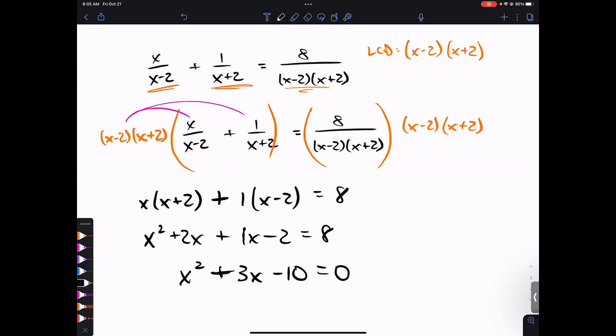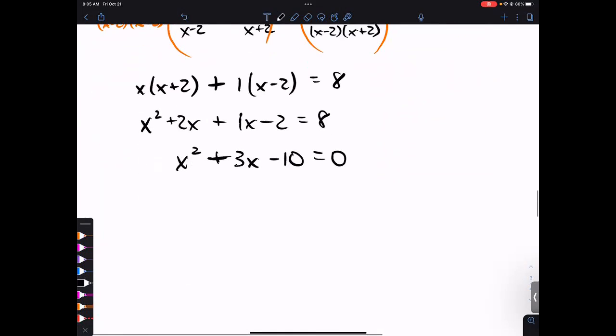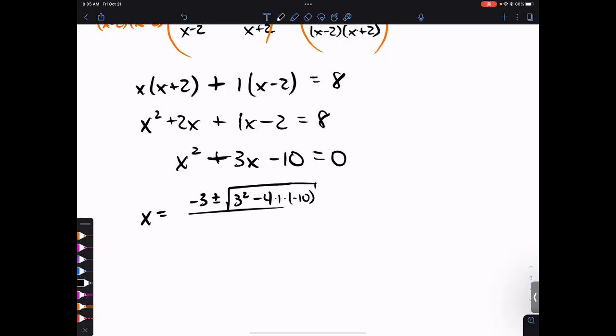And I said, go home and finish that, right? Okay. So you went home and finished that. And what'd you get? -5 and 2. How'd you do it? Okay. Yeah, so this is quadratic, so you can factor it. You can use the quadratic formula: -b plus or minus the square root of b squared minus 4 times a times c, over 2a.